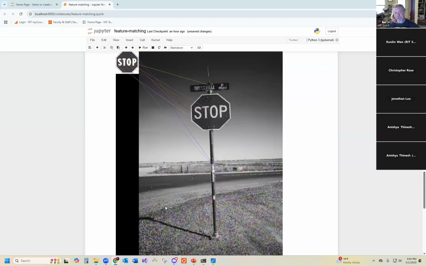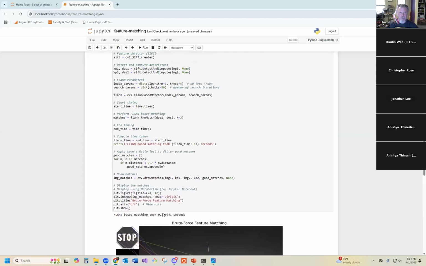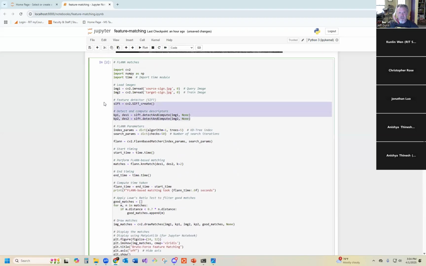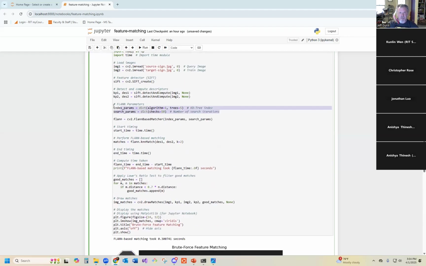And this is because we did not do this step in a smart way, right? We did that step in a very simple way that didn't care about what the image actually looked like. Then we did our FLANN parameters, again, not in a particularly good way.